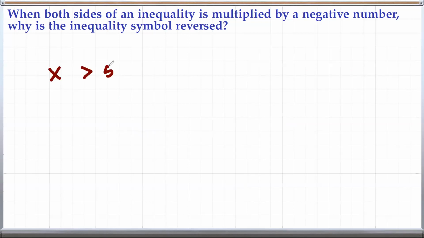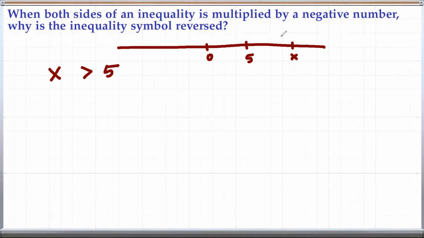Same idea if you have something like x greater than 5. Earlier we had 0, so let's see what happens when you have 5 there. Again, we can look at it on a number line. So 0 is here, 5 is here, x is here. So x is some number greater than 5.